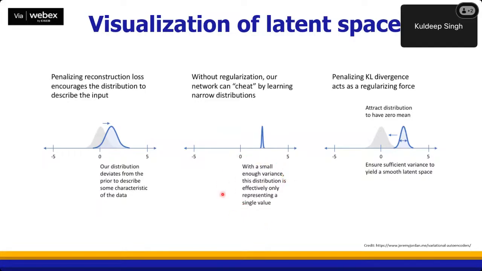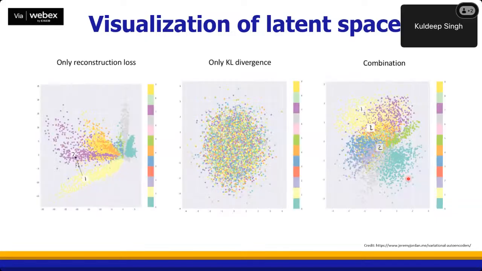It will be a very small distribution, very small variance in the distribution. And if we use the KL divergence also, this KL divergence basically ensures we have sufficient variance to yield a smooth latent space. So that's why we get this kind of distribution if we use both the reconstruction loss and the KL divergence.